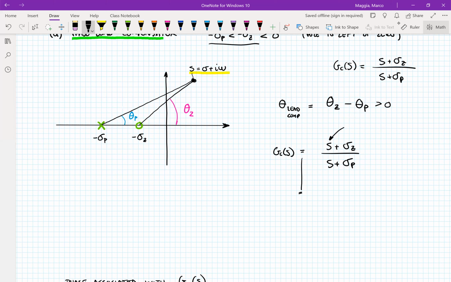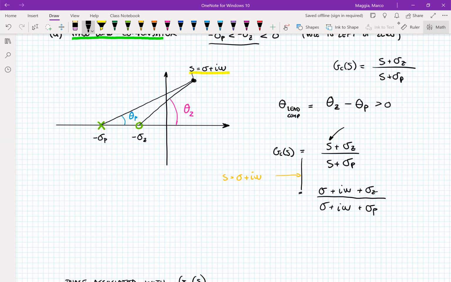So we're going to substitute that in here. Our transfer function will now look like the following: sigma plus I omega plus sigma z over sigma plus I omega plus sigma p.